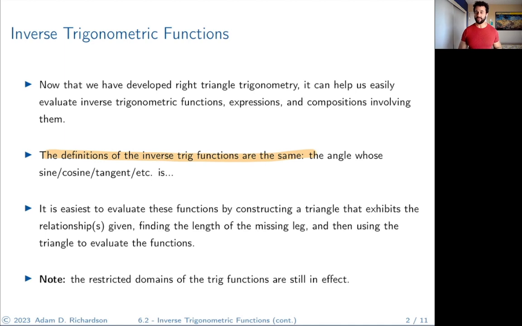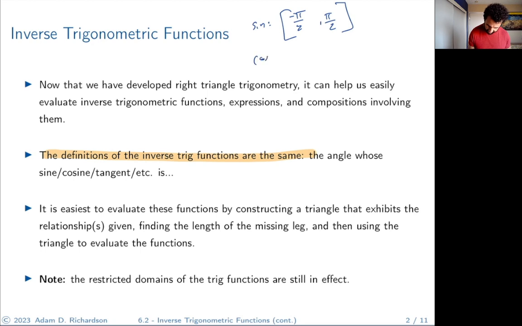Another thing that I want to point out is that the restricted domains of the trig functions are still in effect. If you remember back in 6.1, we had to restrict the domain of the trig functions in order to even define the inverse trig functions. So those restrictions are still in effect. Just a quick reminder, for sine, the restriction was from negative pi over 2 to pi over 2 inclusive.